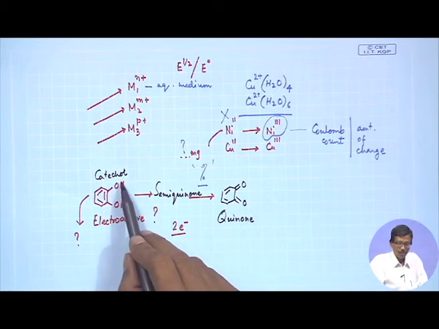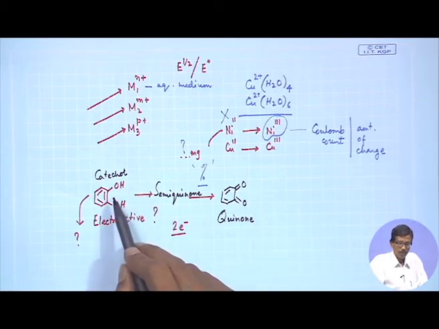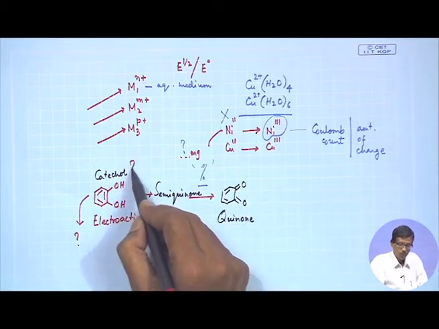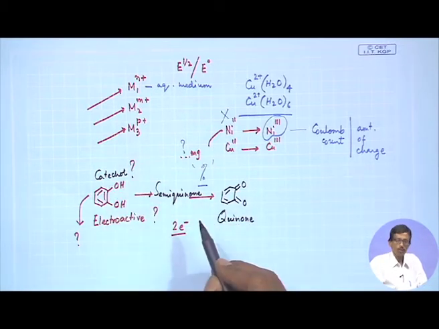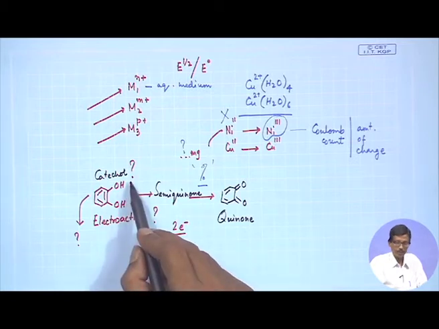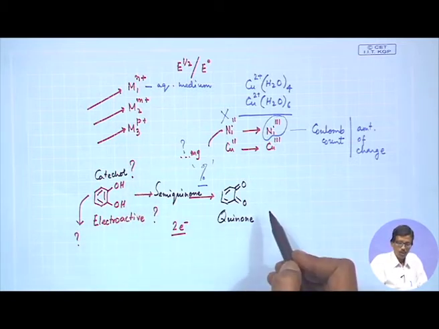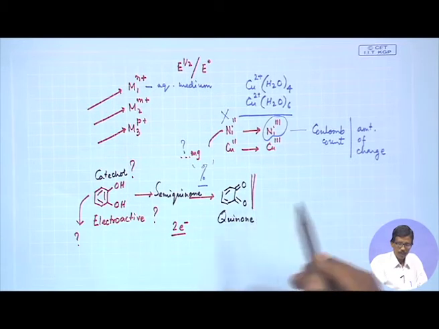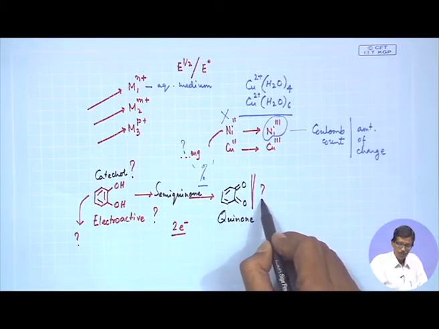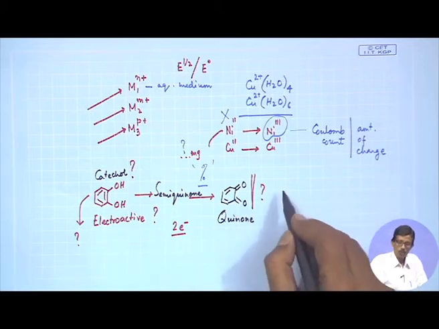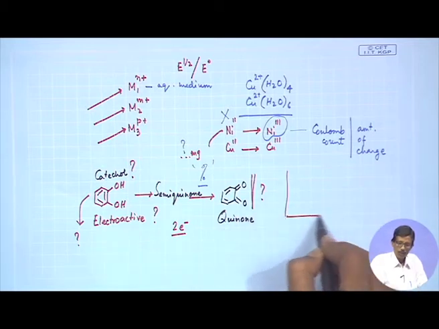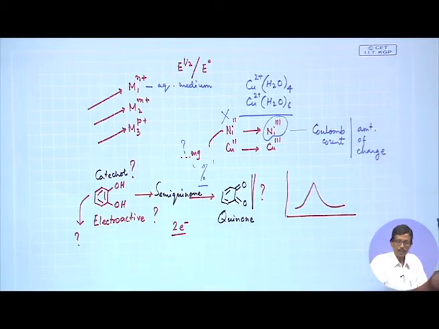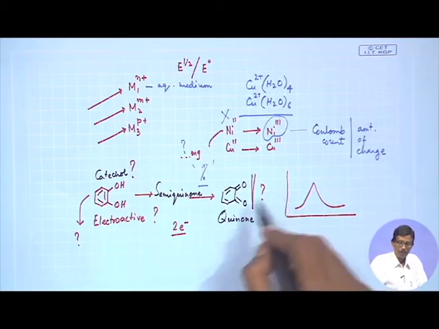The catechol oxidases are useful for oxidizing the catechol, but if we want to know the concentration of these catechols, which is your analyte, you go for the corresponding quinone, and we can measure only the charge transfer, or you can detect the presence of quinone in terms of another property, the electronic absorption, which is very specific for this quinone.